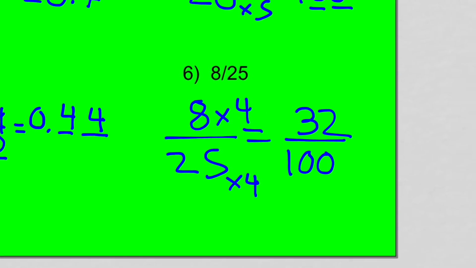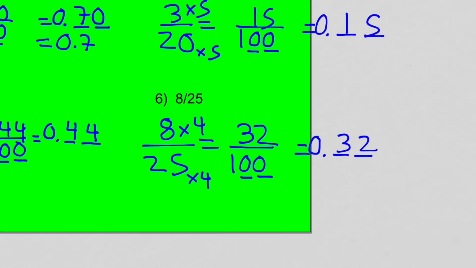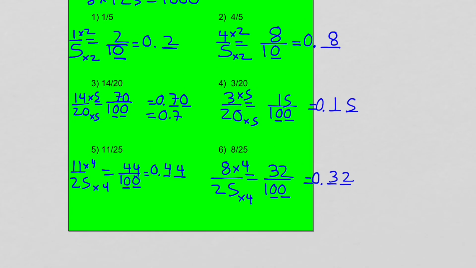And once we have it out of 100, then 2 zeros on 100 means 2 decimal spots. In them goes 32 and a 0 in front. 32 hundredths. So, using the idea of equivalent fractions, math is all about building on what we already know. Let's do another one.